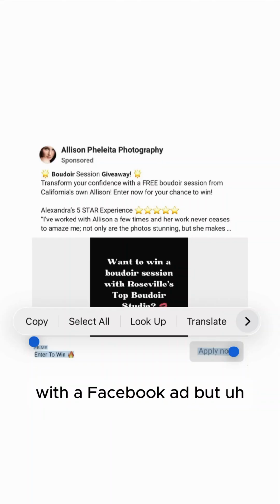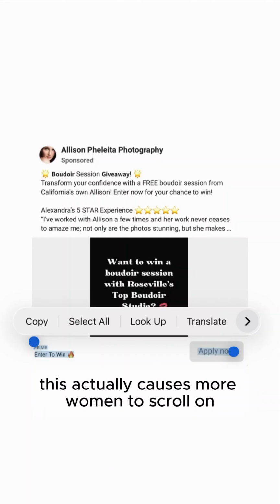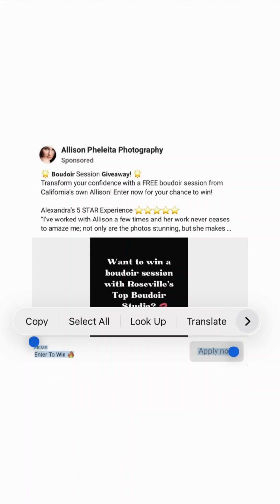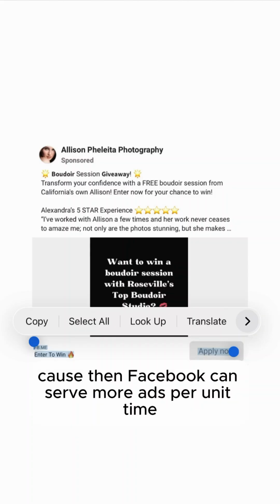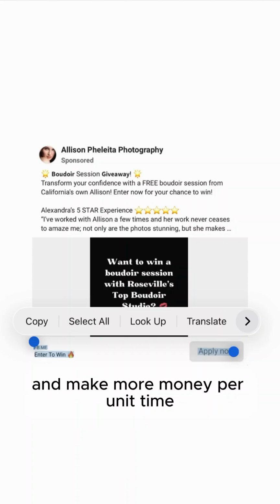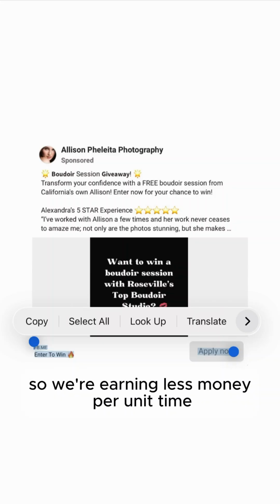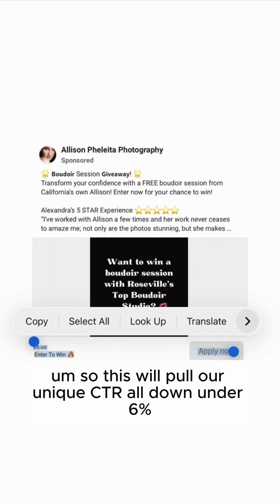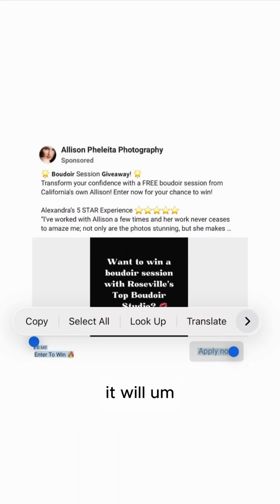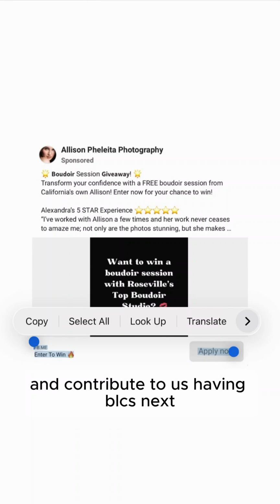But this actually causes more women to scroll on by, which Facebook likes, because then Facebook can serve more ads per unit time and make more money per unit time. But for us, we waste more money per unit time, so we're earning less money per unit time. So this will pull our unique CTR down under 6% and contribute to us having BLCS.